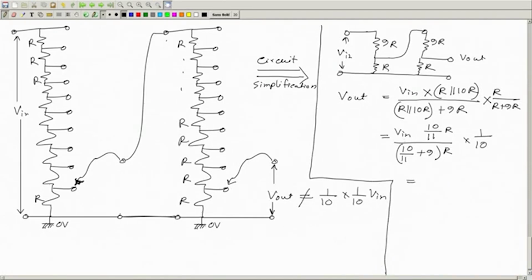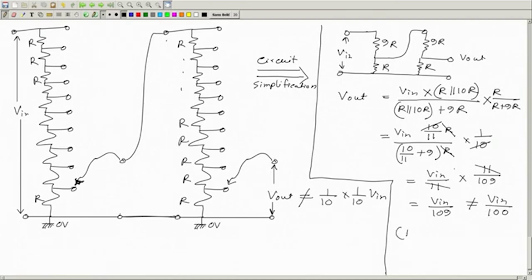So, then this becomes how much? This R you can cancel. So, we have V in into, this 10 you can cancel, V in by 11, and there is one more factor, 1 over 10 plus 9 into 11, 10 plus 99, which is 109 divided by 11. So, this is V in by 109, not equal to V in by 100.